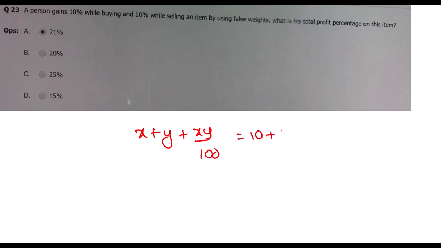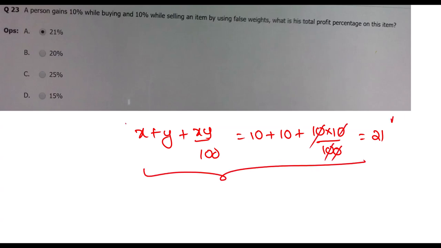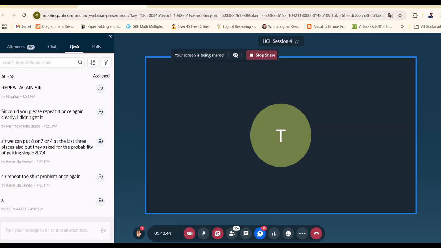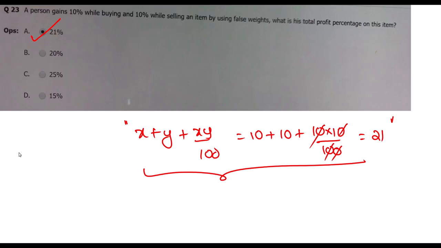Here 10% profit and 10% profit: 10 plus 10 plus 10 into 10 divided by 100, which is 21. As both cases give profit, we put plus. It's not 20. Accurately it should be 22 point something, but as that option is not there, they might have considered the question this way.